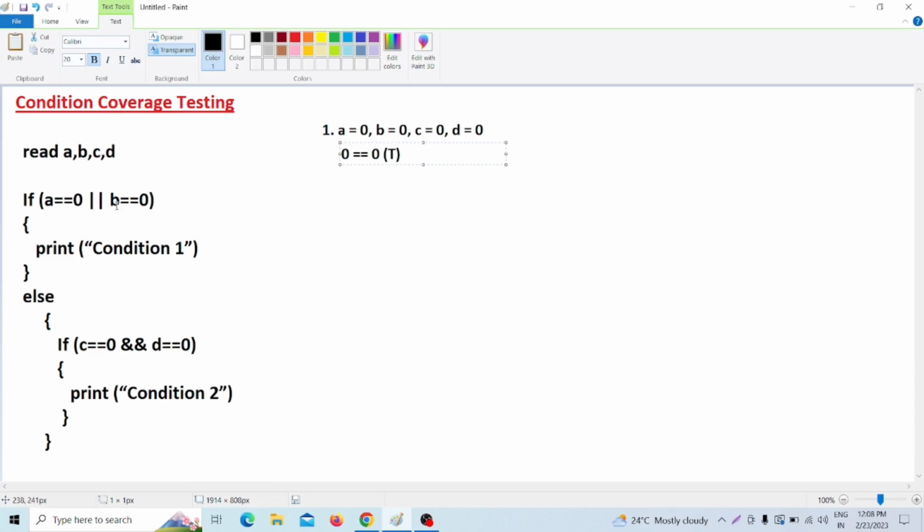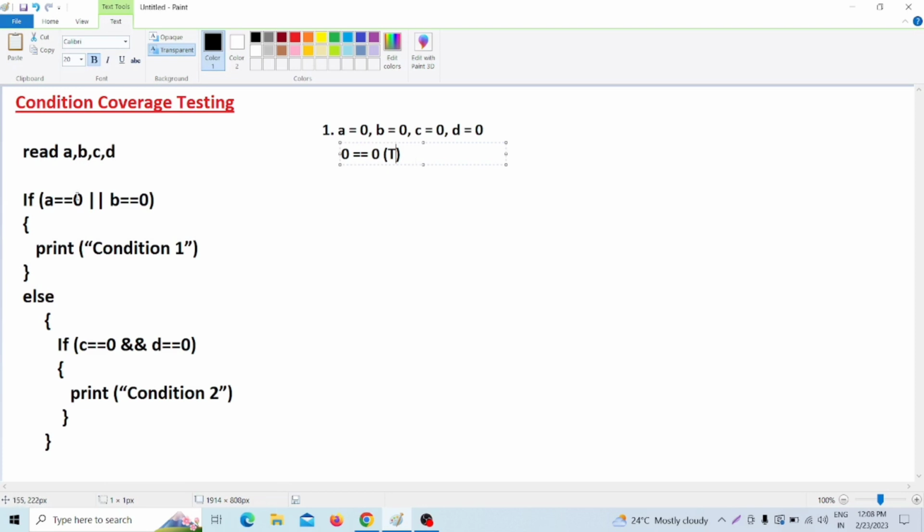Whenever we use the OR gate or OR operator, as you already know, if true comes on its left side, then it doesn't check its right side. This is the funda of the OR operator.